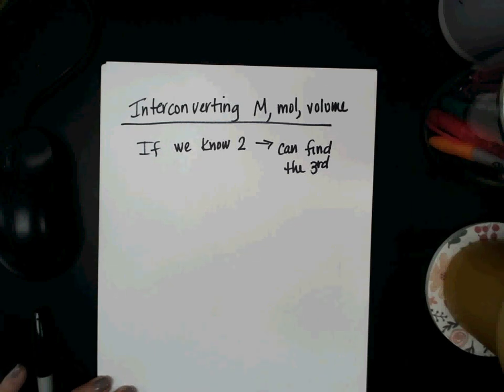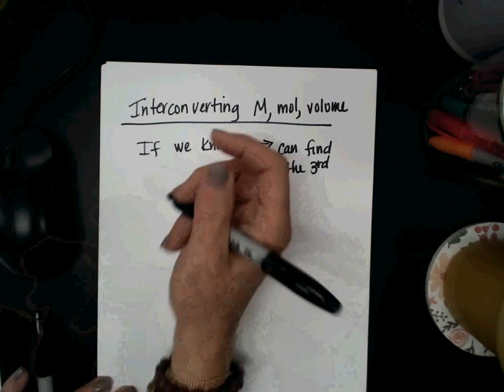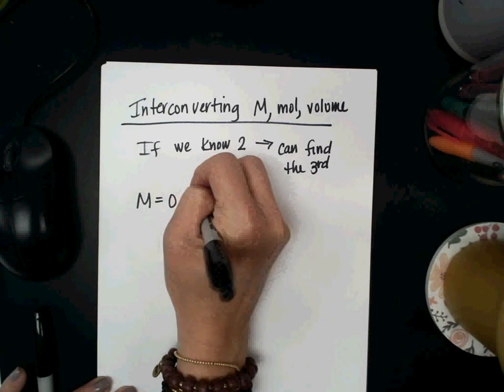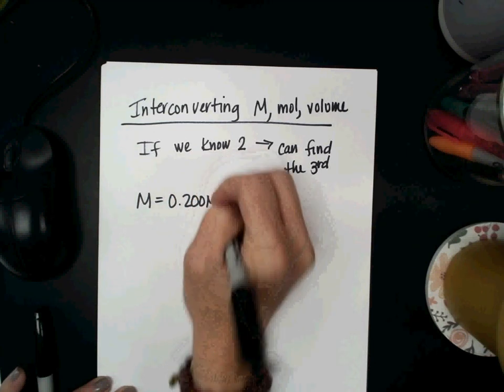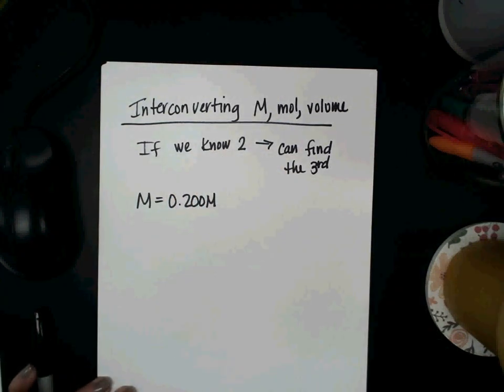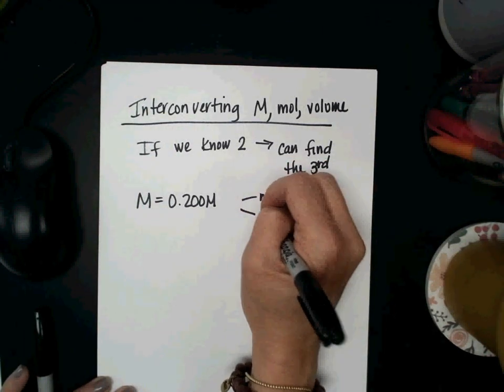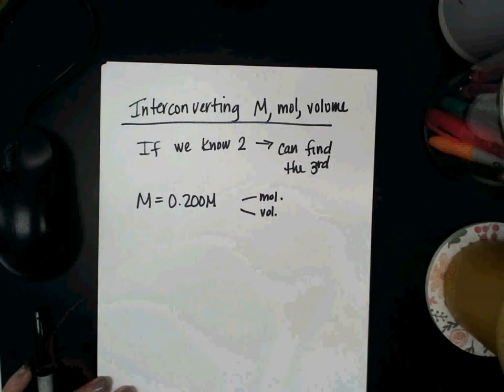If I have something like my molarity equals 0.200 molar, that tells me moles and it tells me volume.